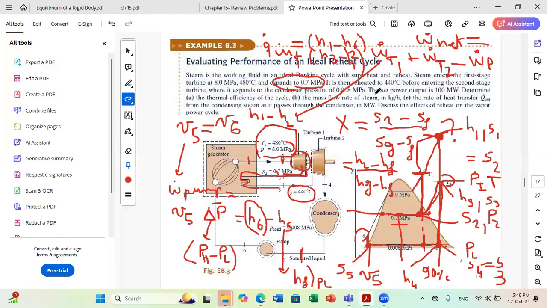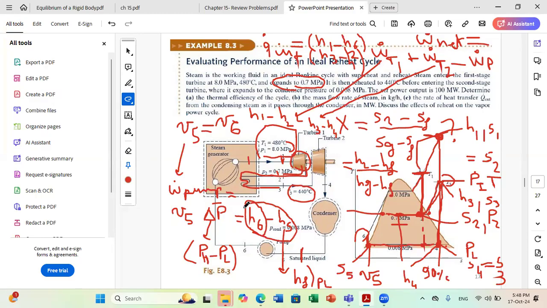For the second stage, the inlet is at 3 and the outlet at 4. So it's H3 minus H4. While for W dot pump per unit mass flow rate, it's H6 minus H5.